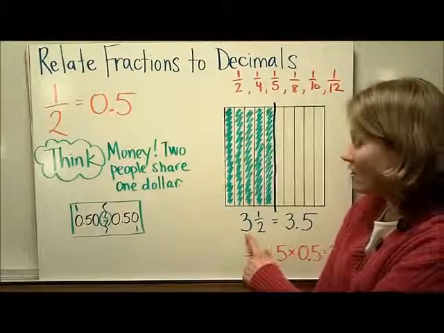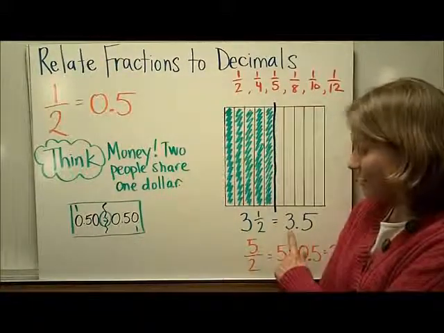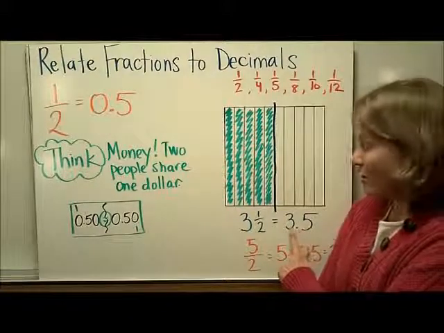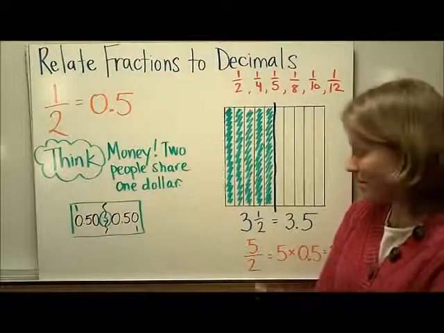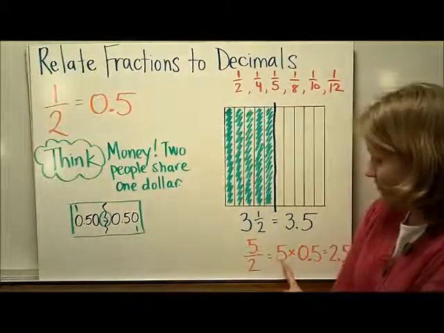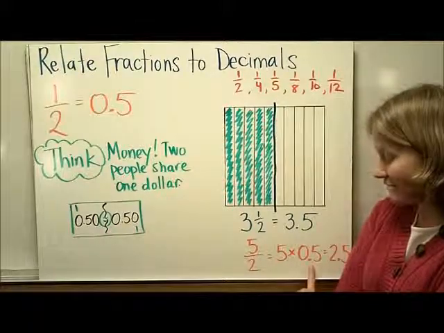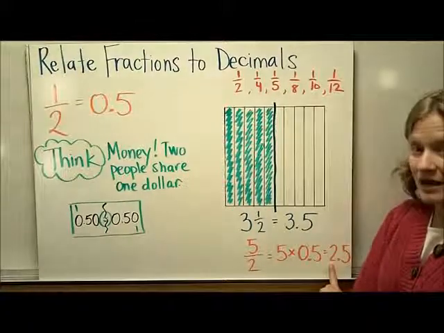So for example here, 3 1/2 would be the same as $3 and 1/2 of a dollar, or 3 5/10. 5/2 would be the same as 5 of 50 cents, 5 times 5/10, which would give you 2 5/10.